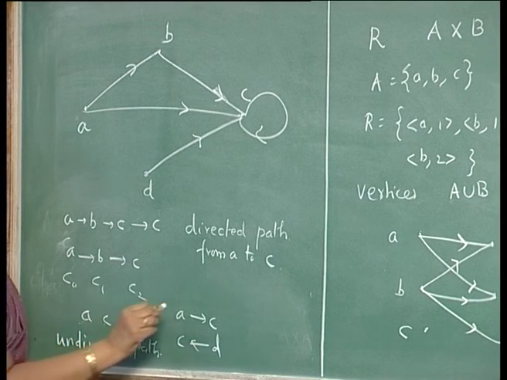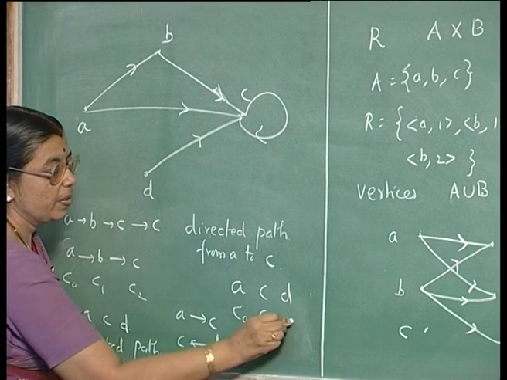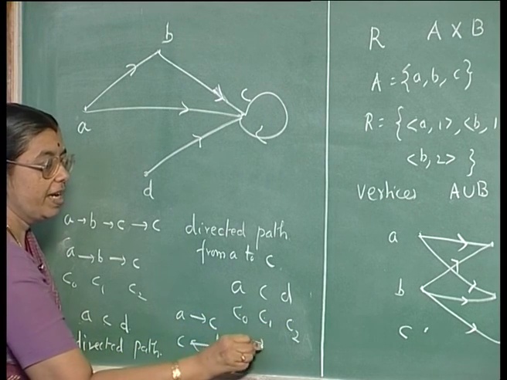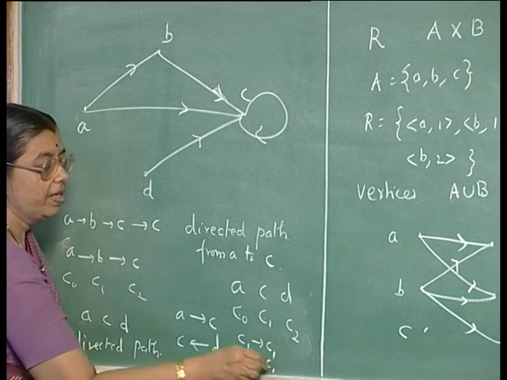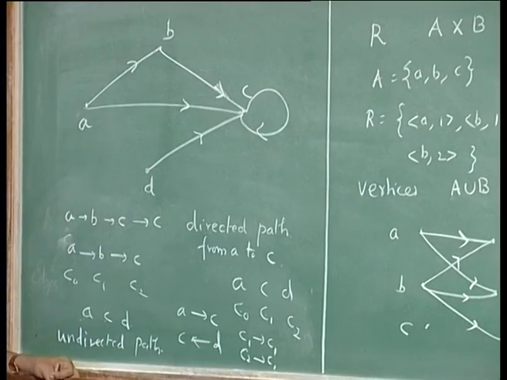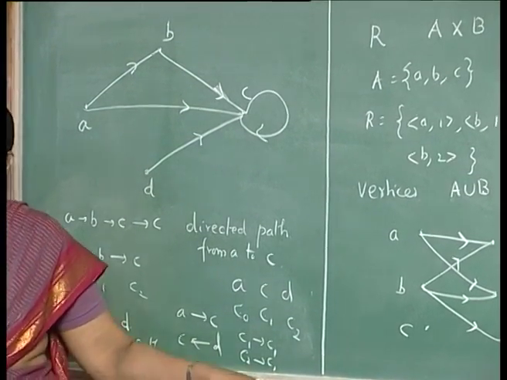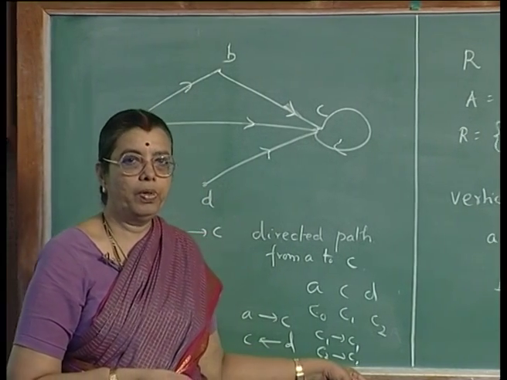Here if you represent A, C, D as C0, C1, C2, from C0 to C1 you have an edge, but the other way it is C2 to C1, this you must understand.